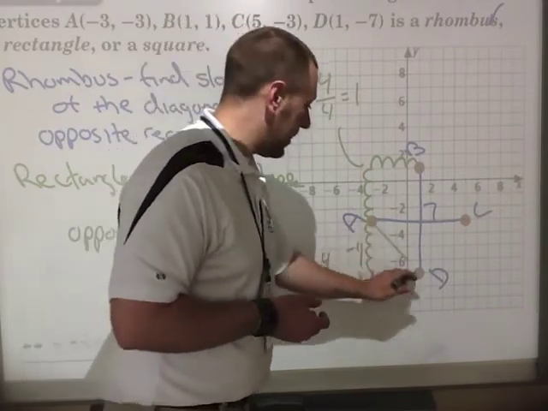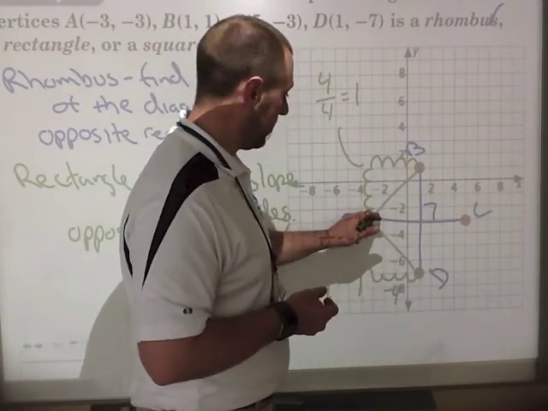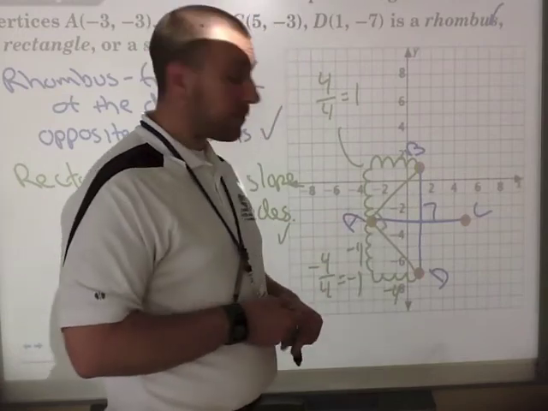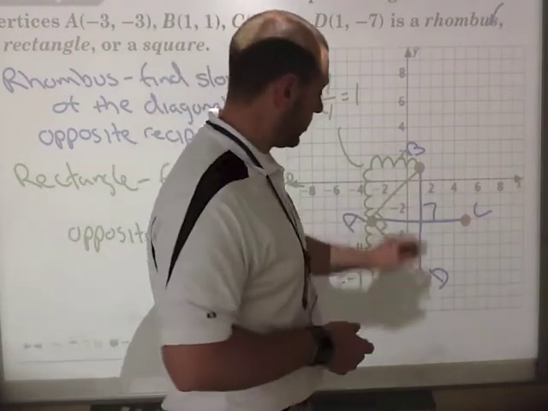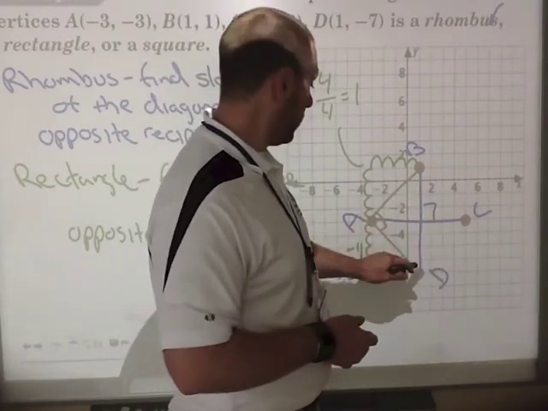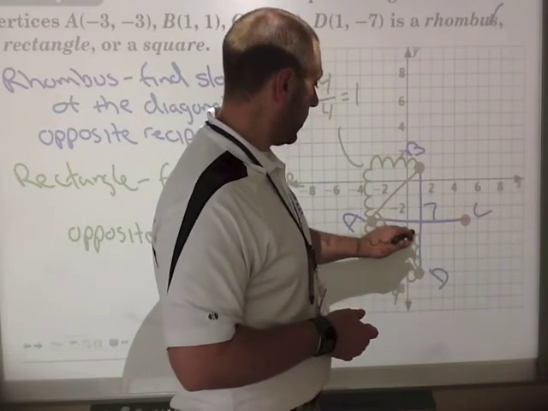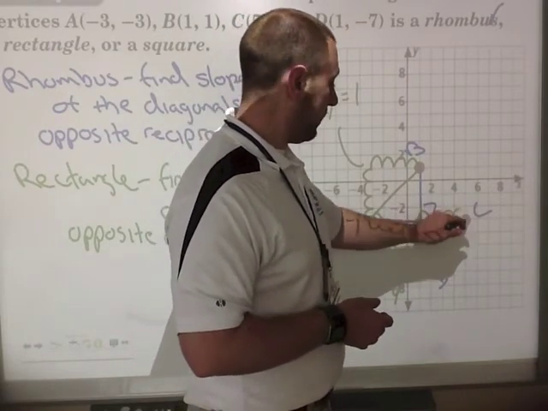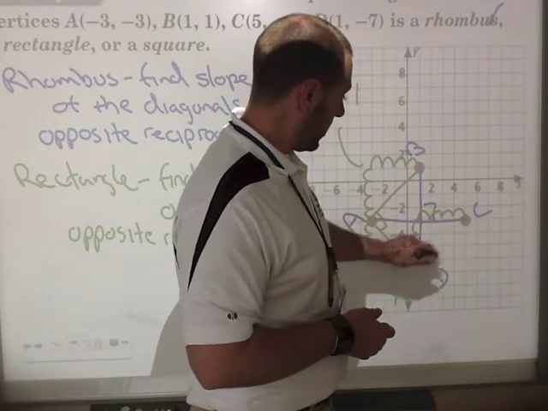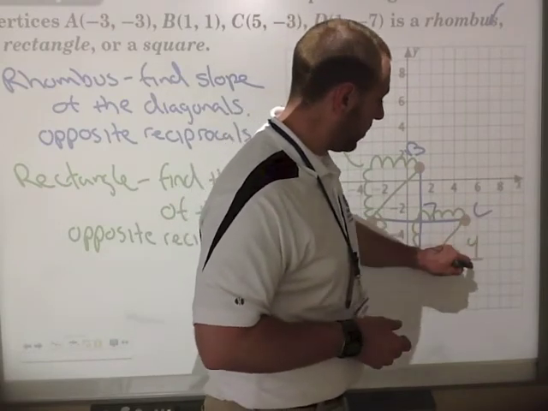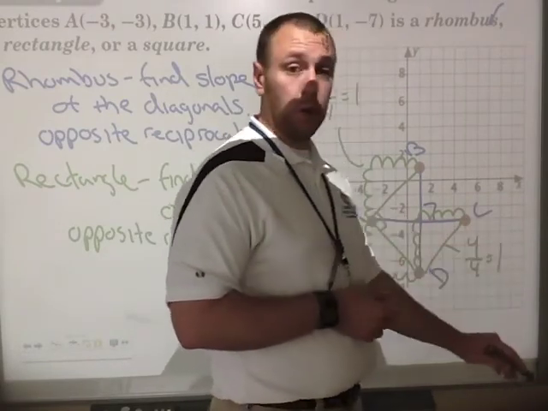That means that at least those two sides are at a right angle. And I just finished it off by finding these two slopes. 1, 2, 3, 4. 1, 2, 3, 4. This line has a slope of 4 over 4, which is 1.